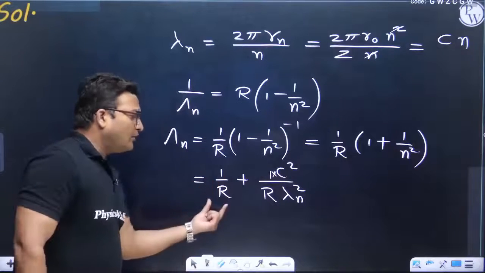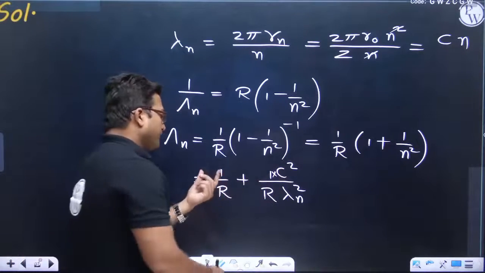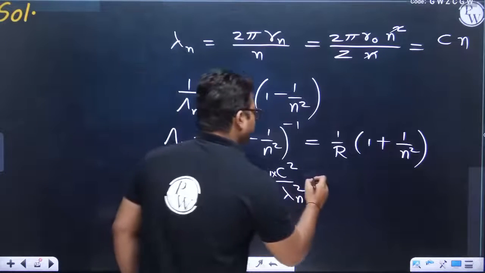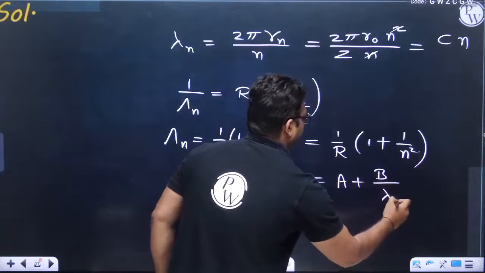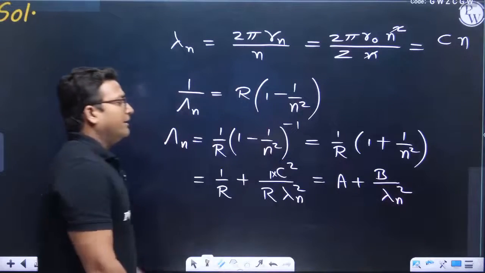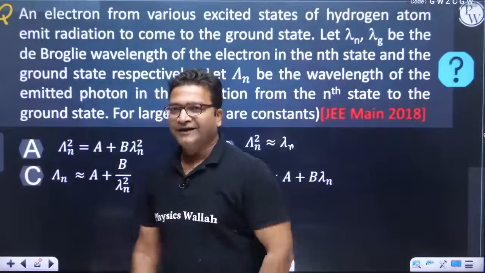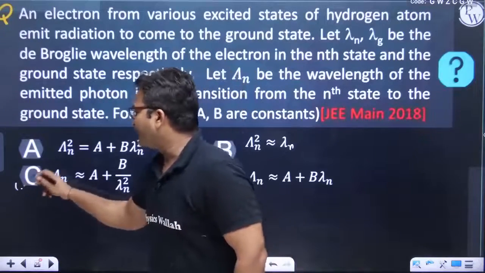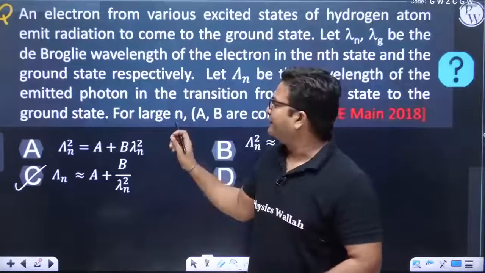So this is a constant, c square by r is a constant. So if we consider them a and b, we have a plus b divided by lambda n square, and it is the best match with option C. Therefore, option C is your perfect choice for approximation that n is very large.